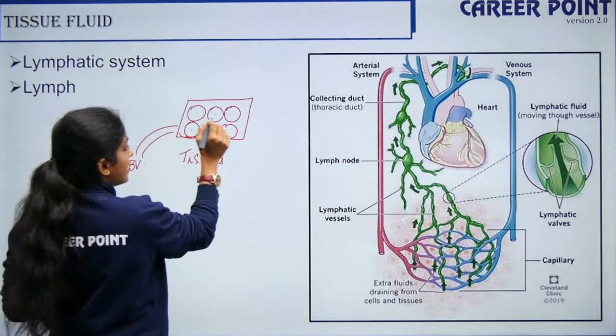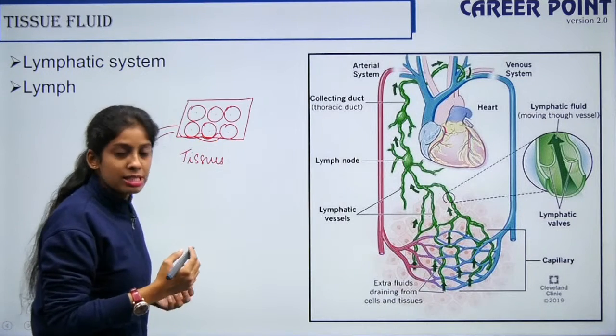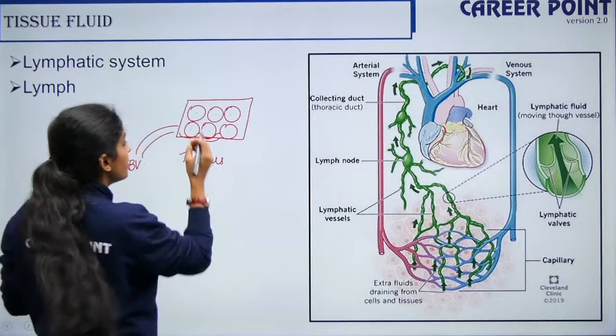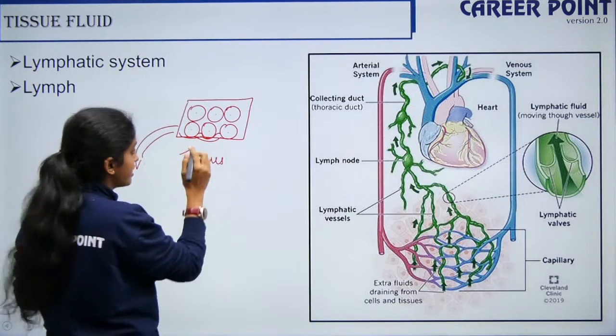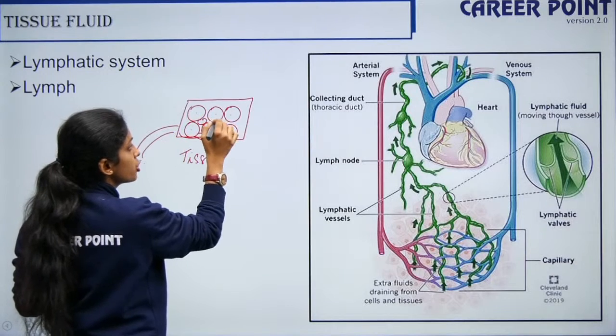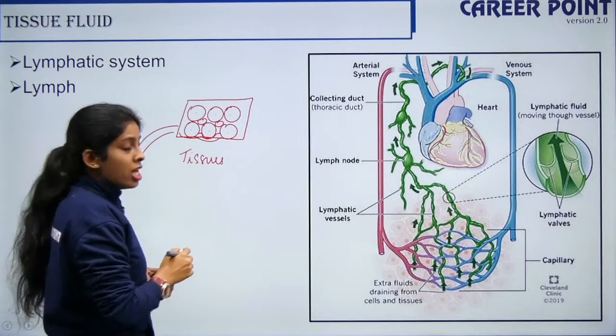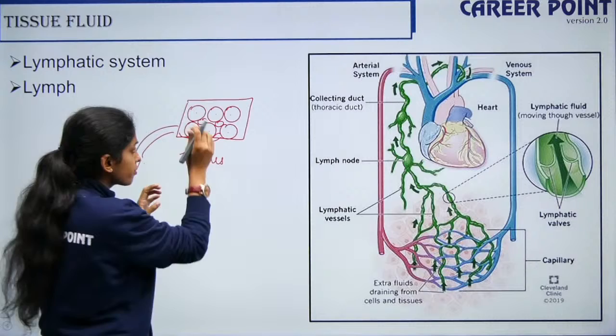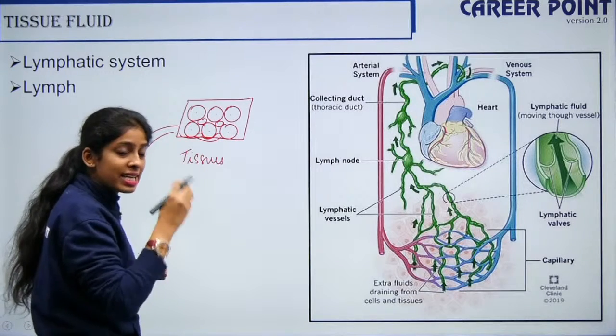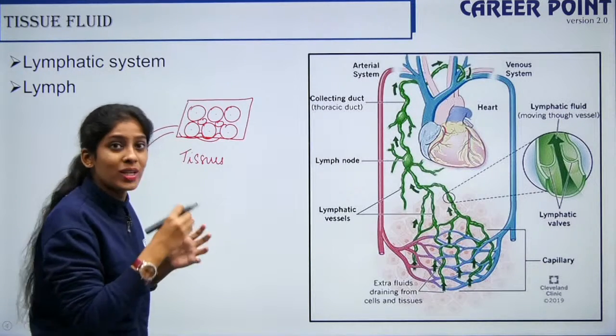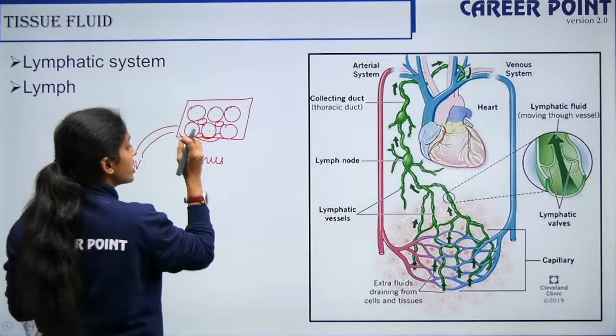Ideally a tissue is supplied with blood vessels. Since this fluid is present between the cells in the tissue, it is known as tissue fluid.